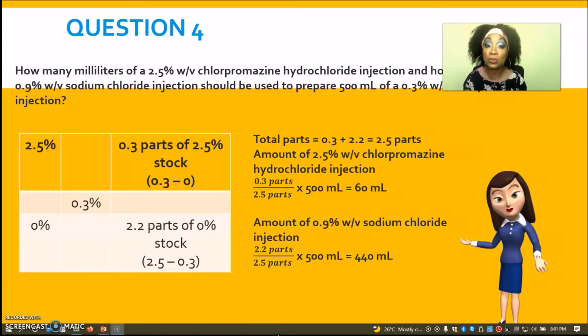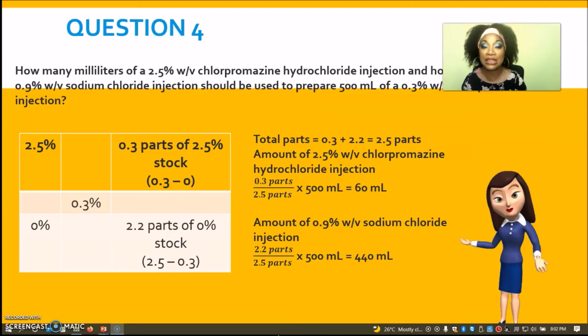So chlorpromazine is what we are working towards. So 0.9% sodium chloride does not factor into the calculation in terms of the amount of sodium chloride, because we're not solving for sodium chloride, we are determining the amount of chlorpromazine. So sodium chloride is now the diluent, meaning it has no drug, no chlorpromazine in there, so it is now treated as 0%.